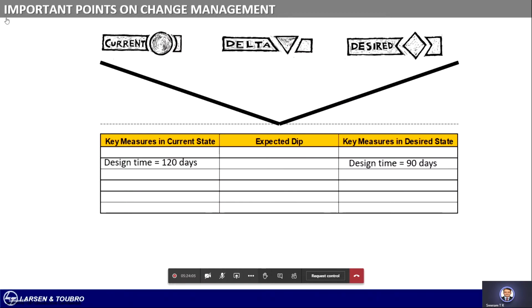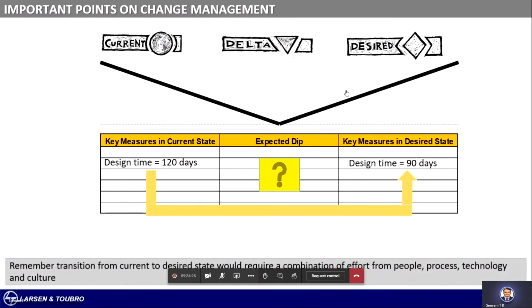So this is not something which has to happen this way, but it is an observation based on some studies by some consulting agencies, who report that you should be ready for some changes where there is an expected dip, and then you move to the desired state. So that is the explanation for that.